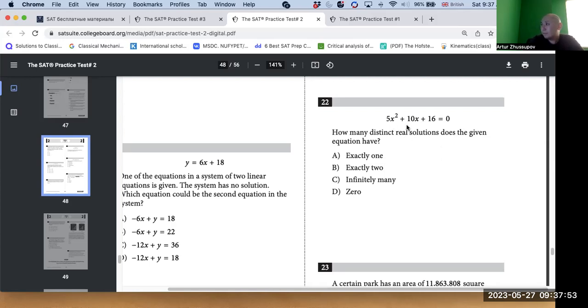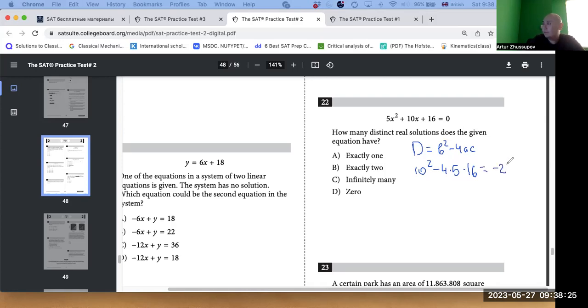Okay, so the discriminant, I will write the formula for it, b squared minus 4ac. So b is 10, so 10 squared minus 4 times 5 times 16. I take my Texas Instruments calculator to calculate this. Basically, it is possible to do it mentally, but what is the reason if the calculator is allowed?